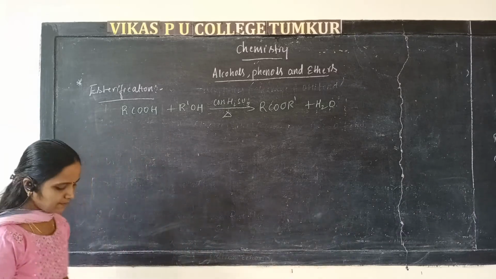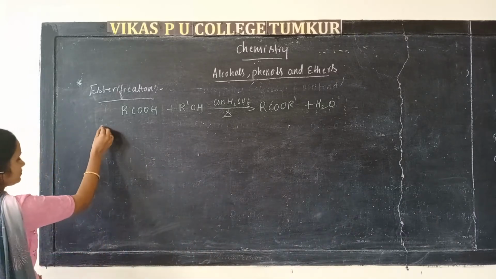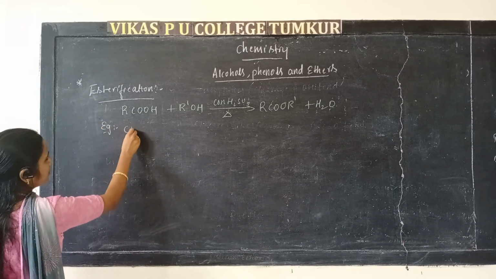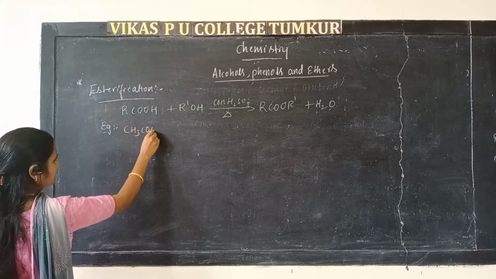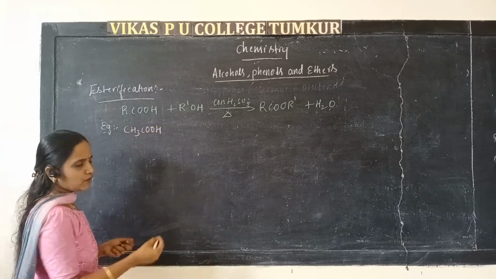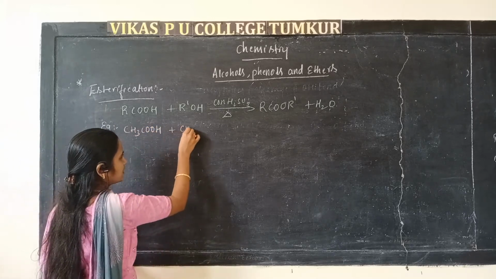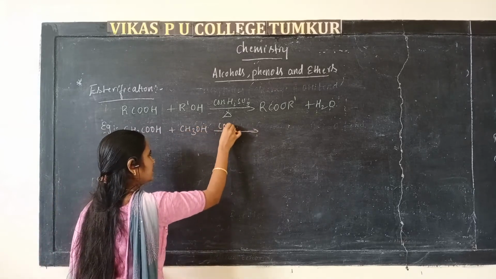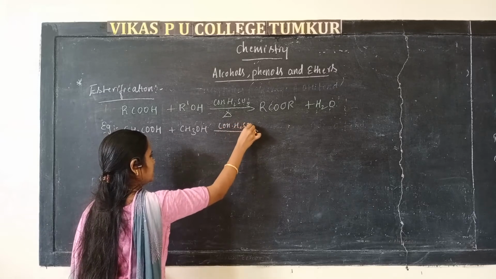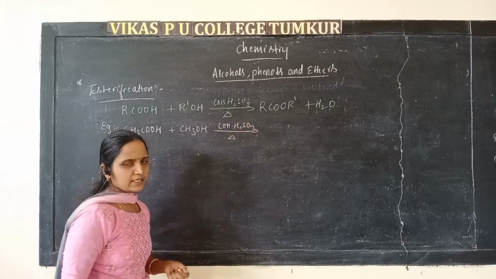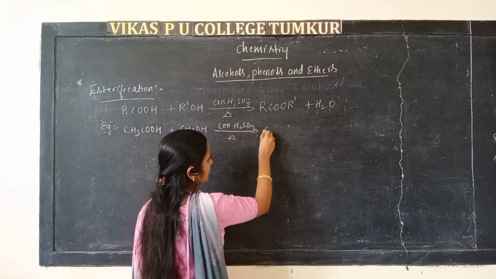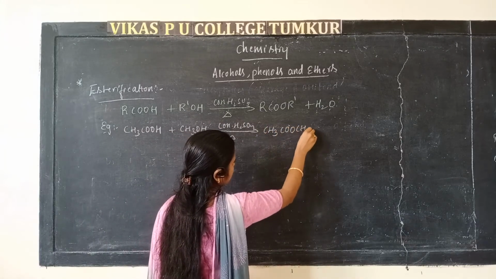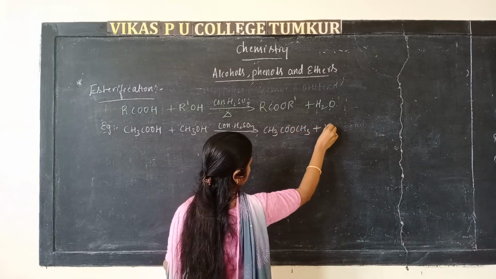We will take some examples for this. Ethanoic acid is treated with methyl alcohol in the presence of concentrated H2SO4 to form methyl acetate, CH3COOCH3, plus H2O.